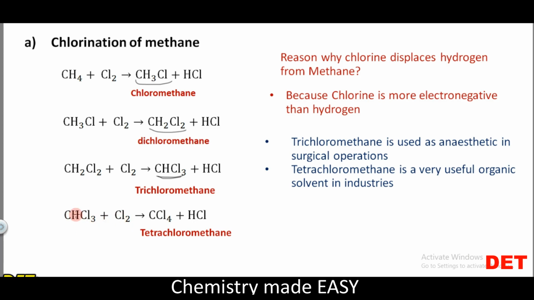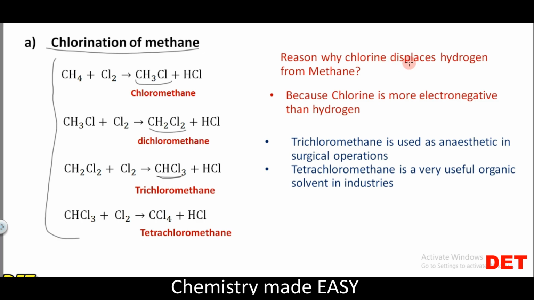This chlorine will displace this remaining hydrogen, and it will form tetrachloromethane plus hydrogen chloride. So this is what the substitution reaction of alkane is all about. To be precise, this is what the chlorination of methane will give you at the end. It is very important for you to note these things.